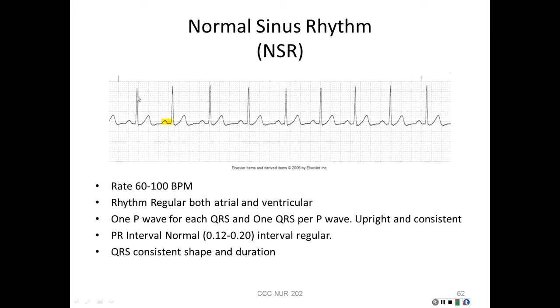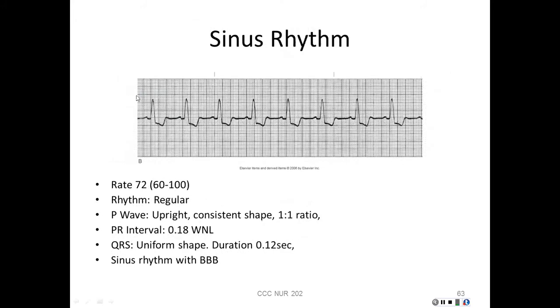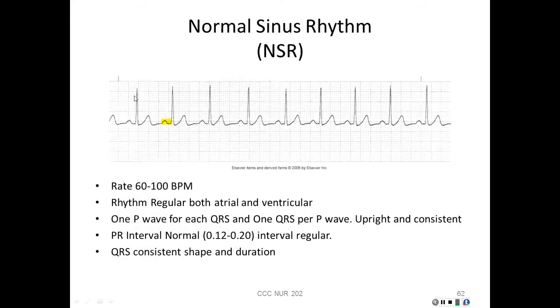What I want you to do is count the number of QRSs within that 6-second strip. So if we count 1, 2, 3, 4, 5, 6, 7, 8. I'm learning to use a new tool, I apologize.